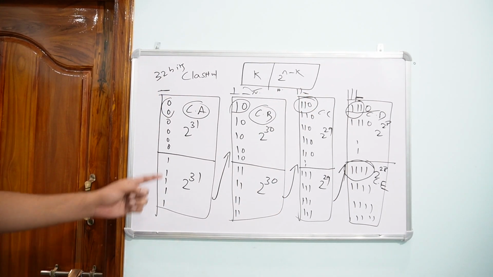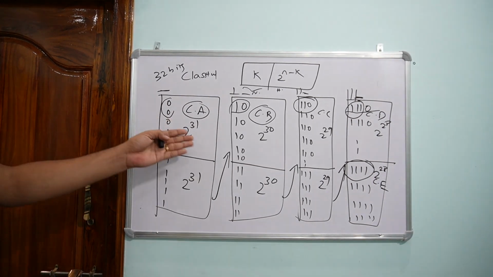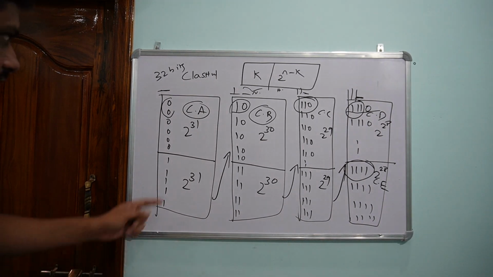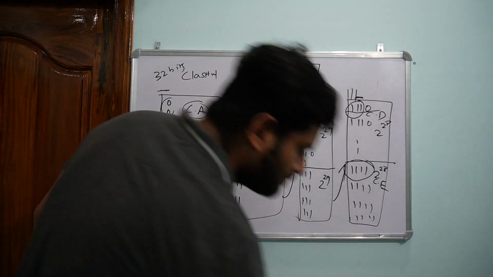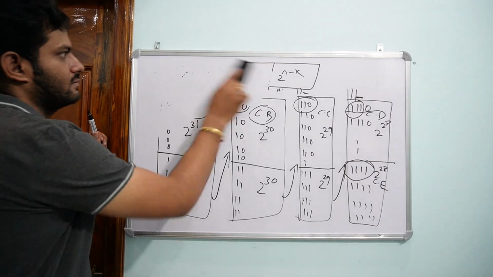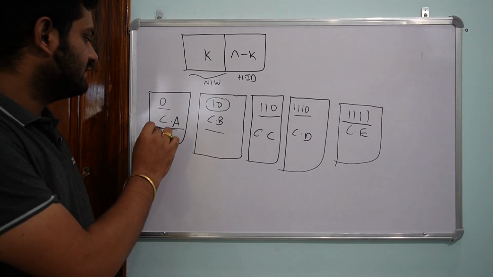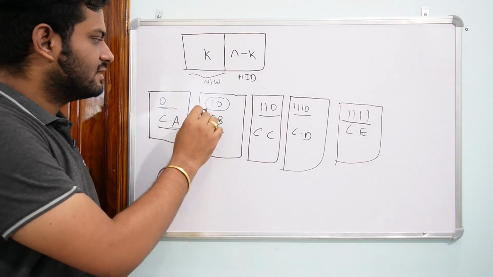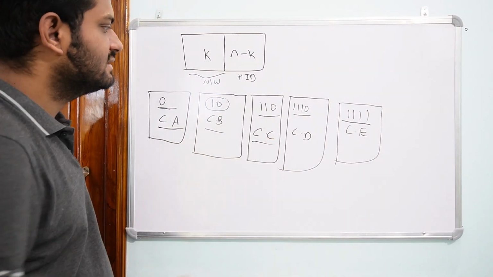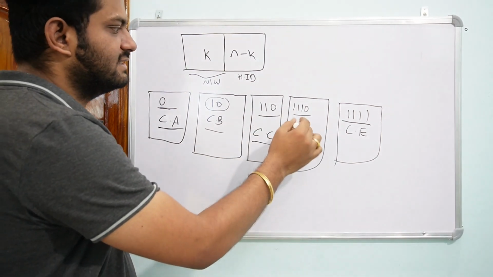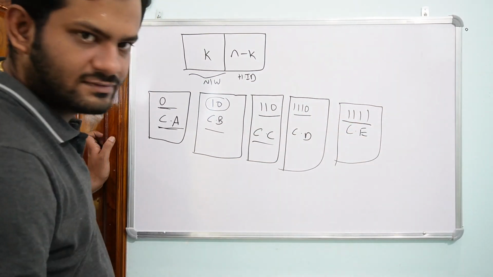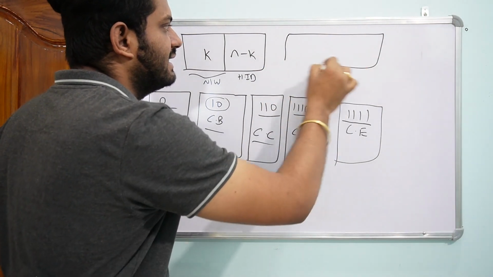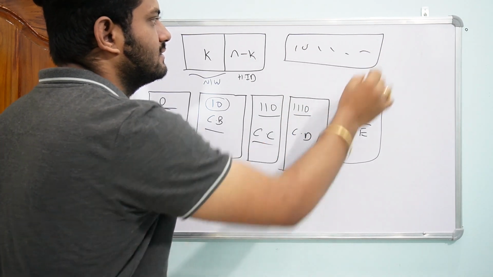By the same way, if you try to calculate the range of class A, class B, class C, class D, for class A, so guys, if you see here, for class A the starting bit is 0, for class B the starting bit is 10, for class C the starting bit is 110, for class D it is 1110, for class E it is 4 ones.